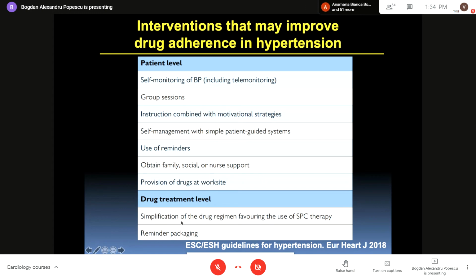And from our part, whenever you can shrink the number of pills that the patient has to take, one way or another, excluding useless or less important medication, combining several drugs in a single pill, all of the measures that improve compliance are very welcome, because they may help with the best result of the patient.